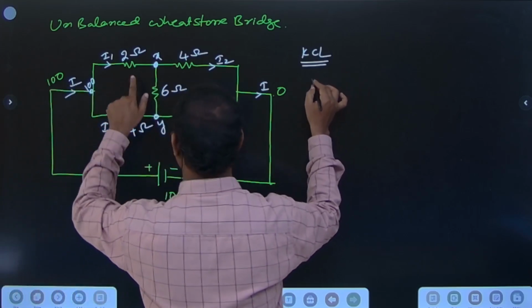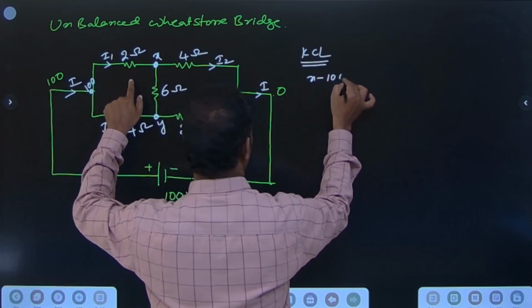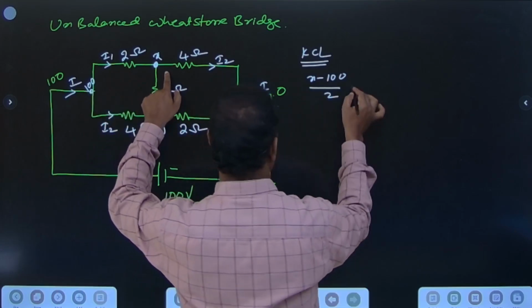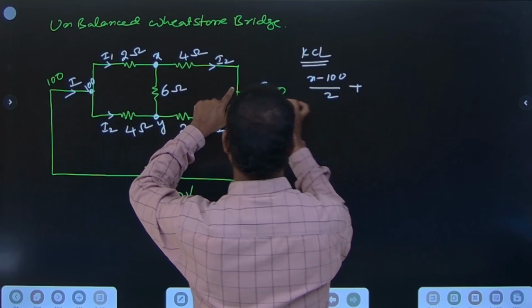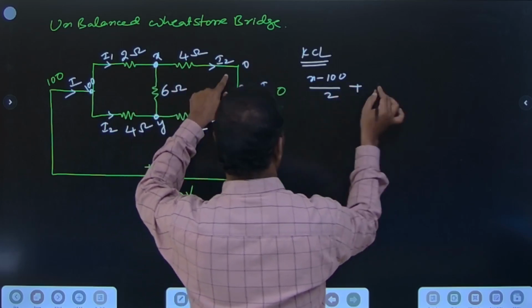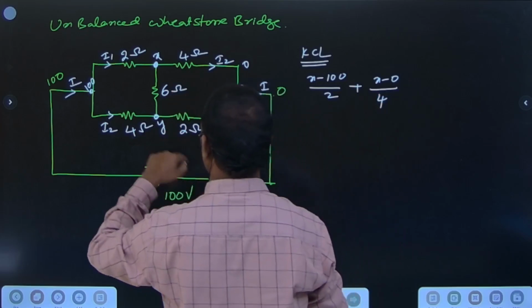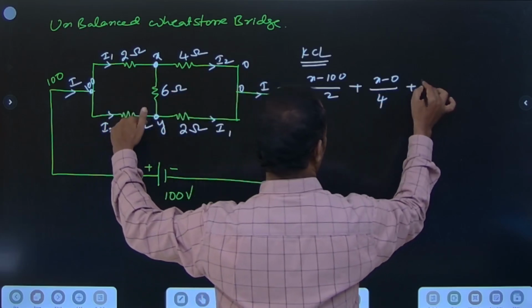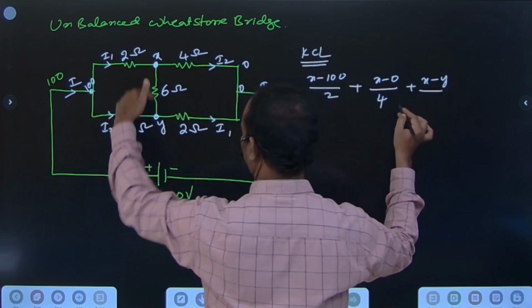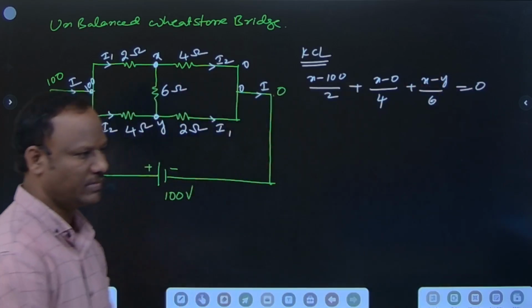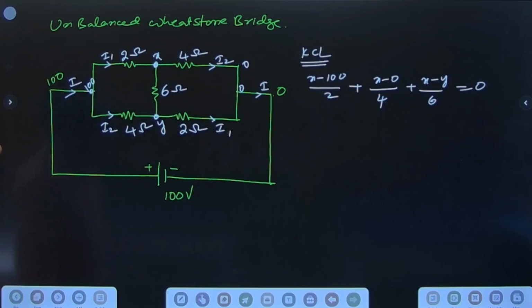X minus 100 by 2, plus X minus 0 by 4, plus X minus Y by 6 is equal to 0. This is my first KCL equation.